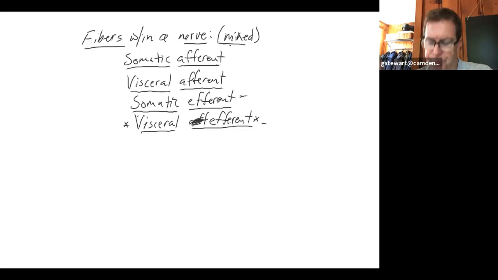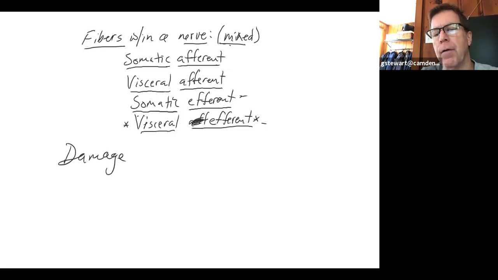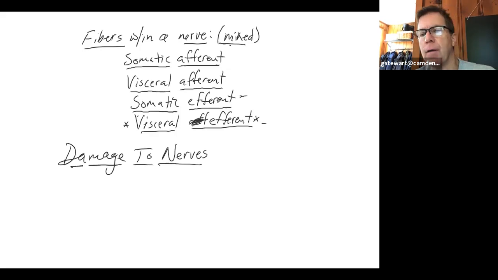As a rule, now I'm going to talk about damage to a nerve. So let's write a new header. So when damage occurs, the ability of a nerve to heal depends really on its location, first of all.